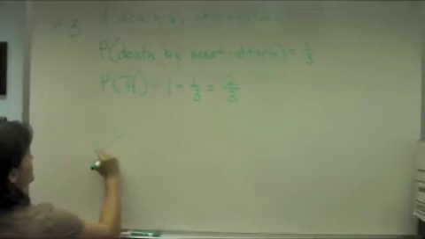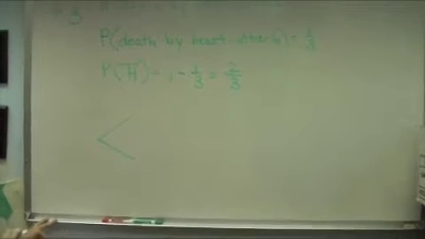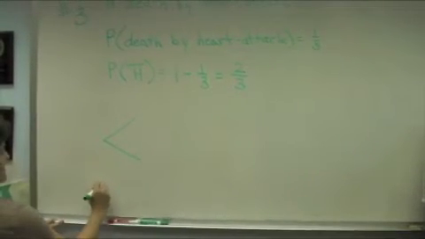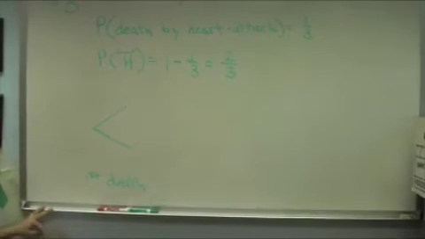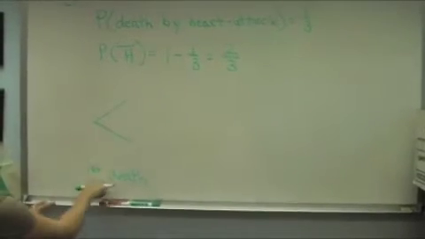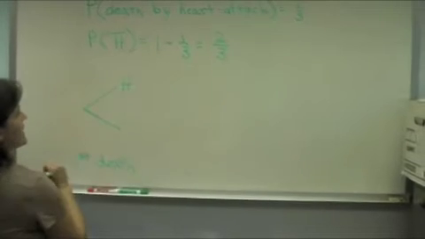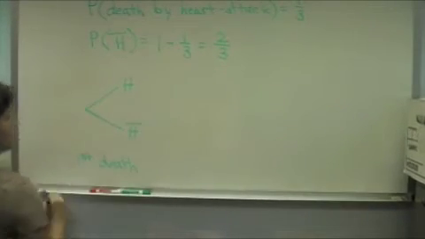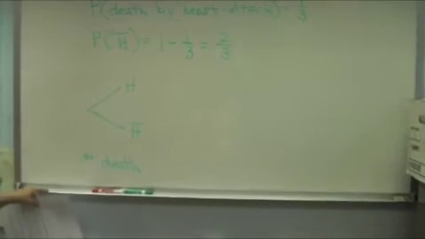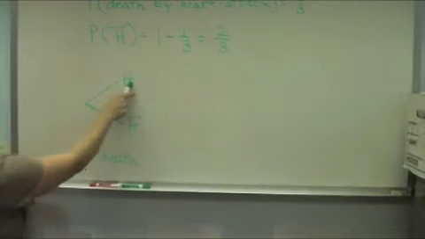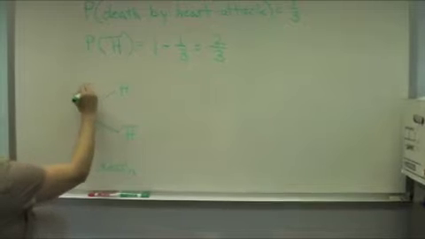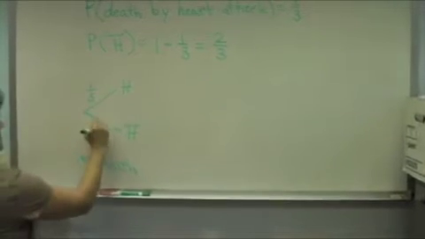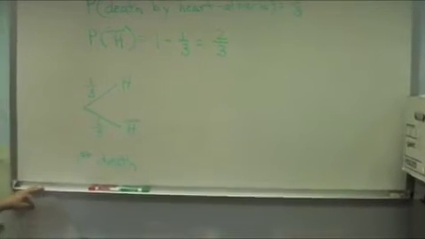So the first branch of the tree is going to be the first death that was sampled, and either that person died of a heart attack or not. At the end of the limbs of the tree, you put the event, and along the limbs you write the corresponding probabilities.